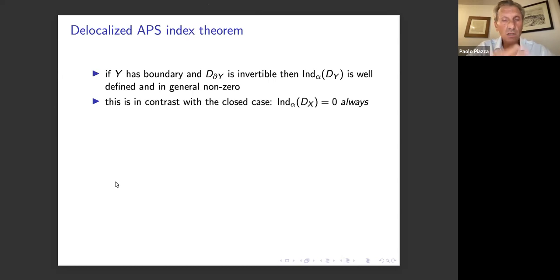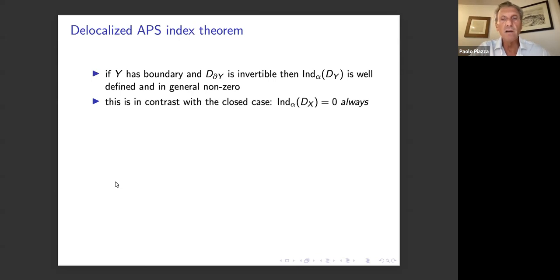The index number associated to a delocalized cocycle is always zero in the closed case. This really has to do with the fact that you can localize the parametrices in the closed case in a very close neighborhood of the diagonal, whereas you cannot do that on manifolds with boundary, either if you use Atiyah-Patodi-Singer boundary conditions, or if you pass to the manifold with cylindrical ends.